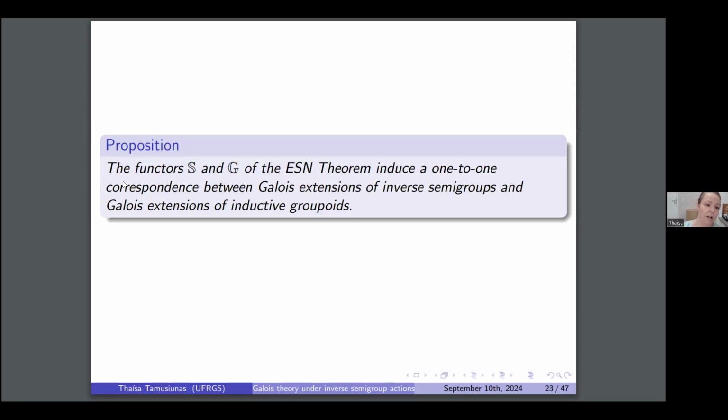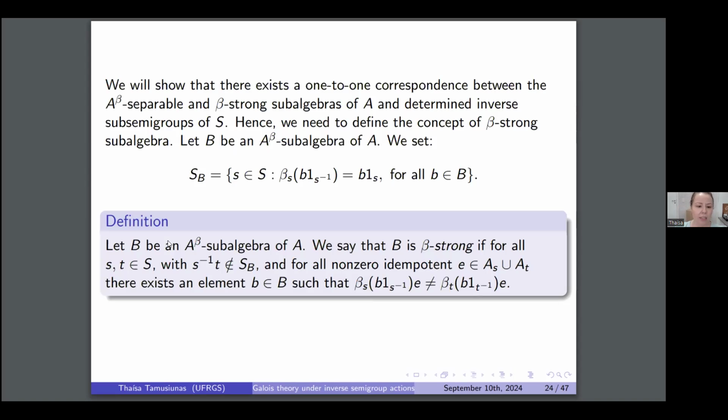And an interesting fact is that the functors S and G of the ESN theorem induce a one-to-one correspondence between Galois extensions of inverse semigroups and Galois extensions of inductive groupoids. And with this information, we can translate the Galois theory for ordered groupoids to inverse semigroups.